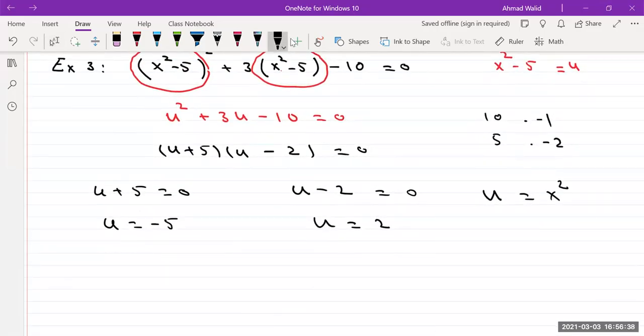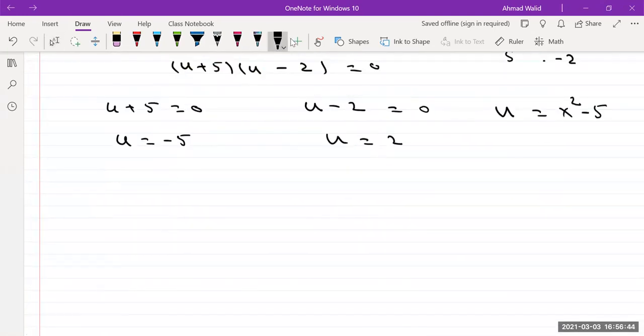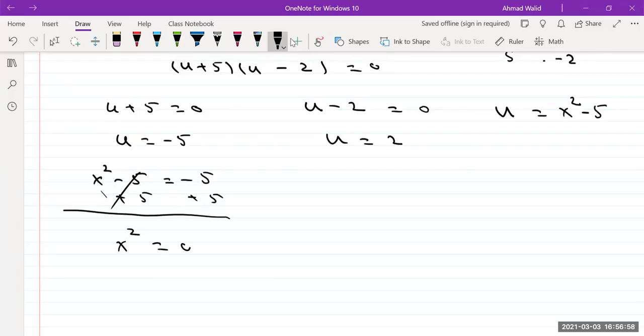Minus 5. x squared minus 5. Replace back or substitute back the value of u in each answer, right? x squared minus 5 equals negative 5. Solve it. Add 5 to both sides. x squared equals 0. It means x is equal to 0.